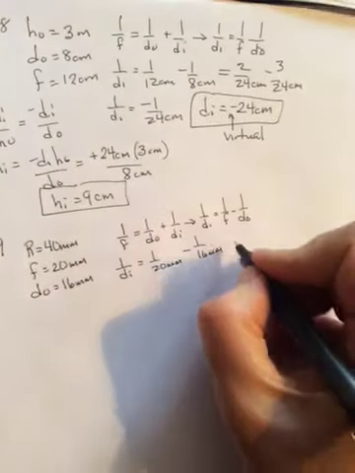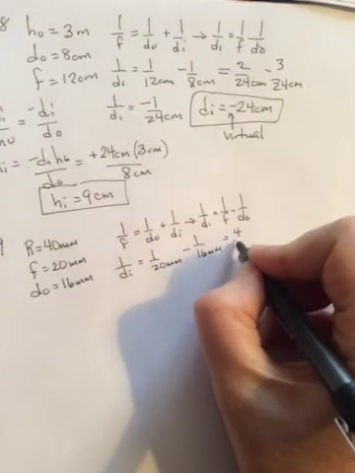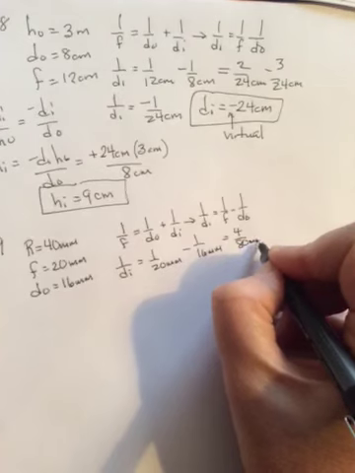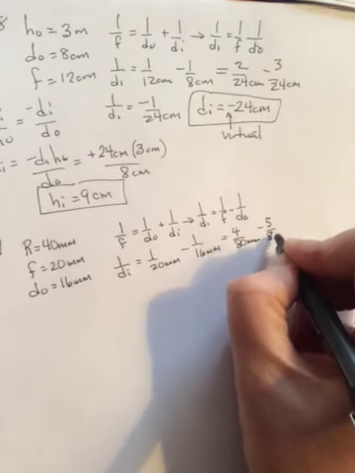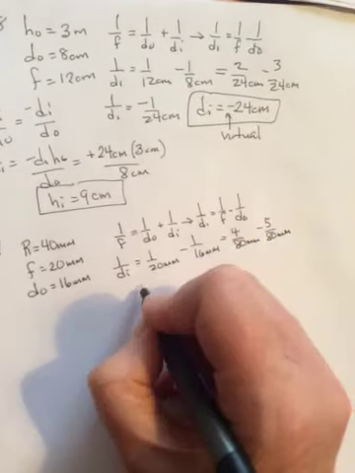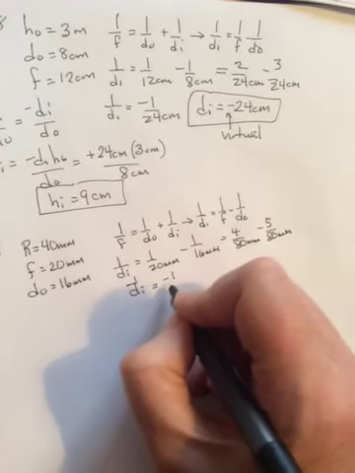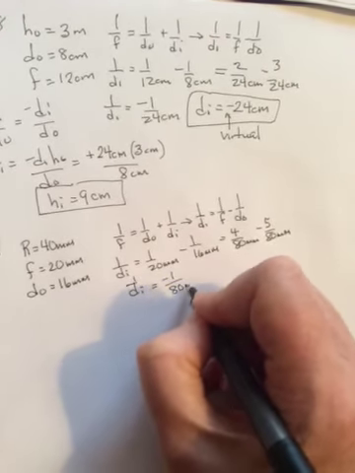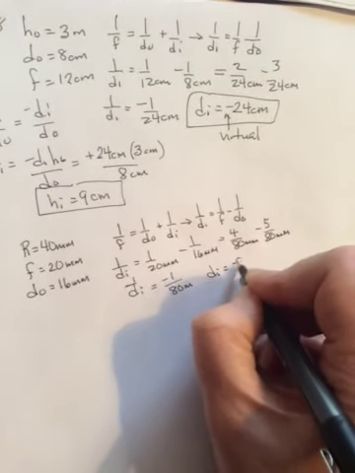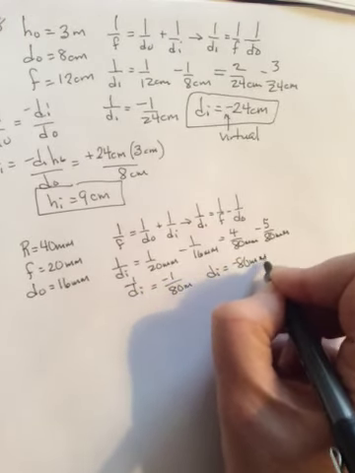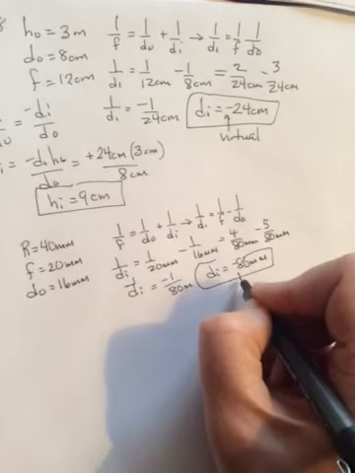Yeah, 80. So 4 over 80 minus 5 over 80. So 1 over DI is equal to negative 1 over 80. So DI is equal to negative 80. Where the negative, of course, means virtual.